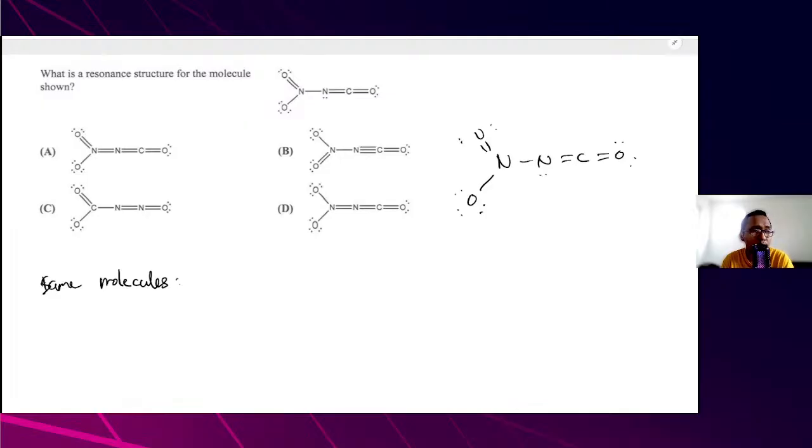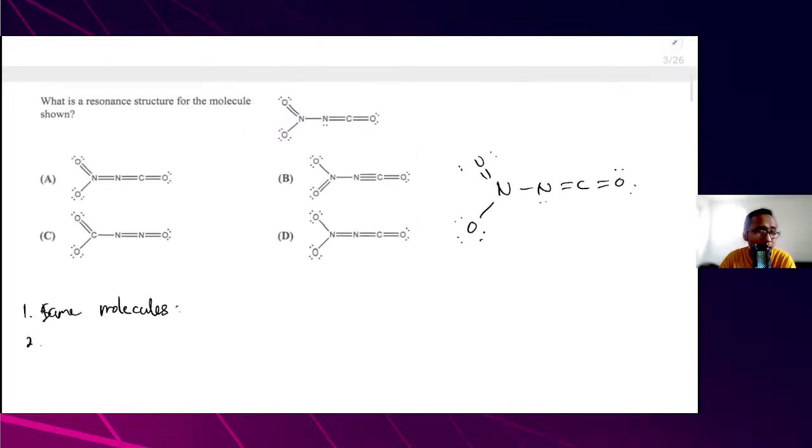Another one, number 2: only the electrons can move, not the atoms. Number 3, they must be reasonable structures.